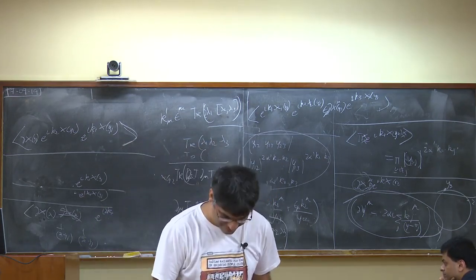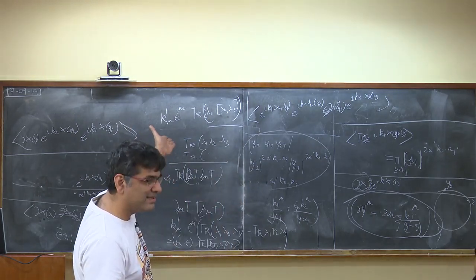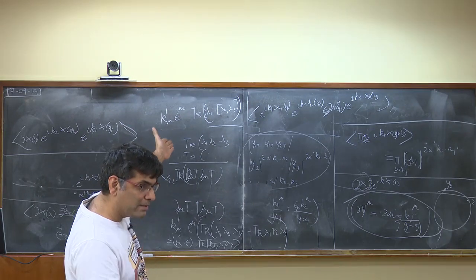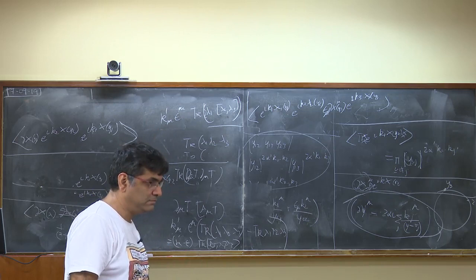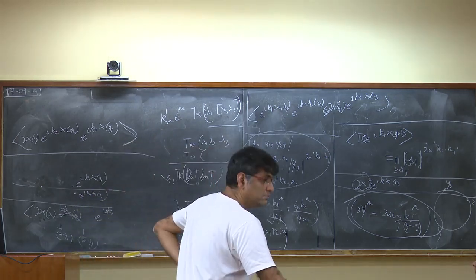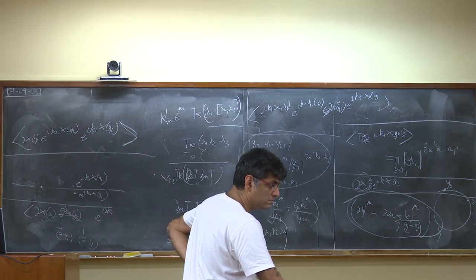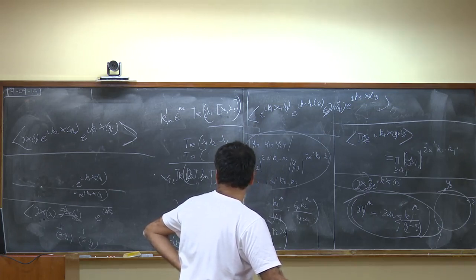And that is 0? That is not 0. In general, none of them are 0, neither the commutator nor the anti-commutator.